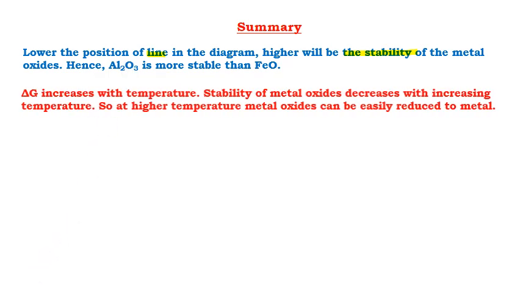Right, delta G increases with temperature. So normally if you increase the temperature, then delta G also increases. This means stability is reduced. So high temperature is necessary to reduce metal oxides into metal.